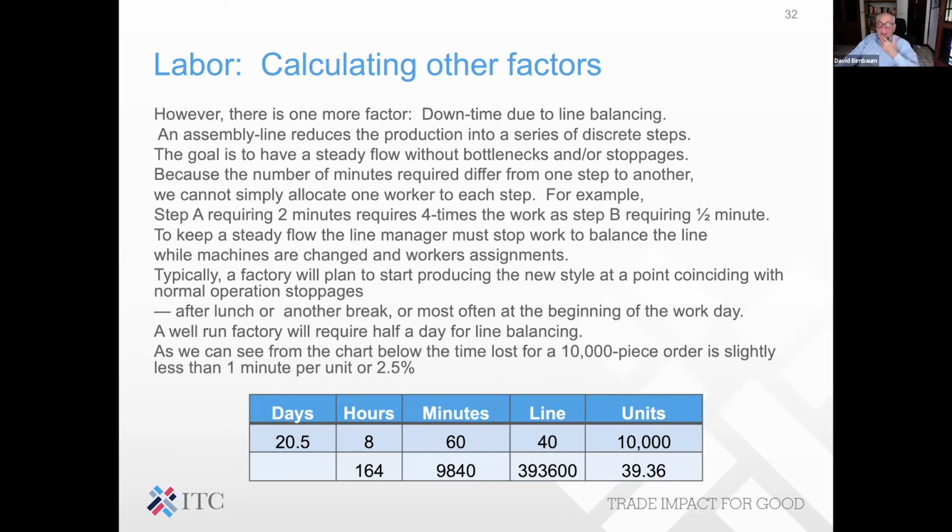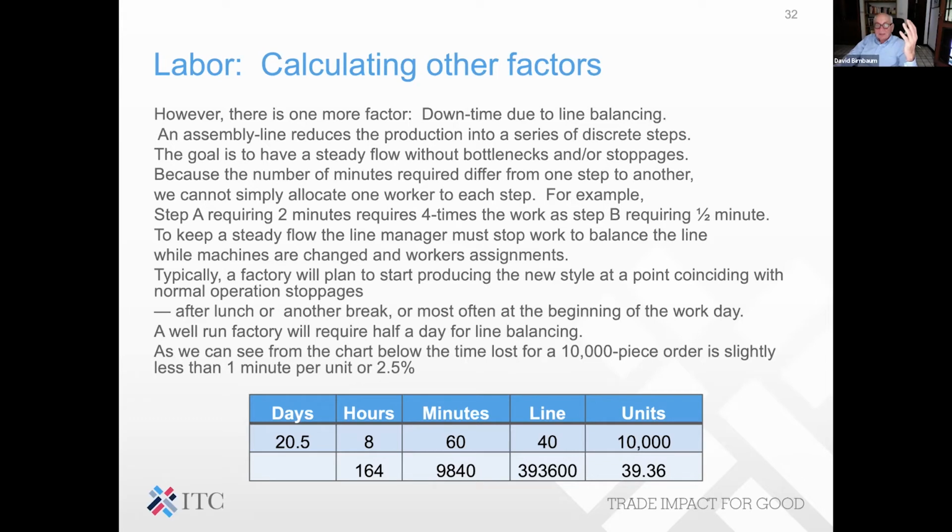Well, how much time does it take to balance the line? Half a day. So 20 days becomes 20 and a half days. 38.4 becomes 39.36. We're talking about maybe a 2.5% increase in the number of minutes per piece.